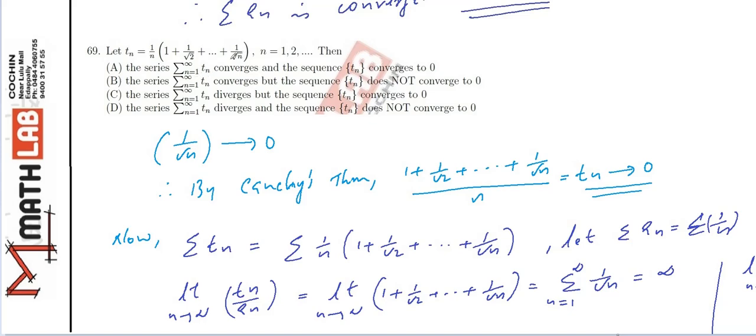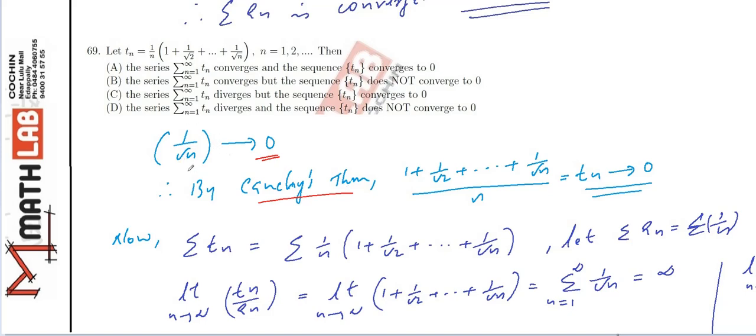So you take the sequence 1 by root n, you know that it goes to 0 as n goes to infinity, that converges to 0. So what is Cauchy's theorem for this sequence? Cauchy's theorem says that the sequence of arithmetic means of the sequence converges to the same limit.